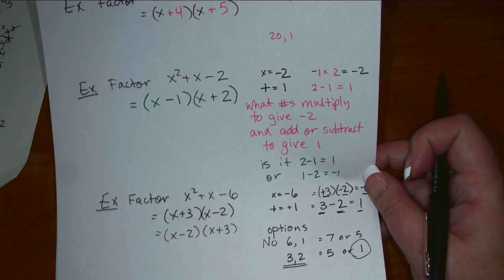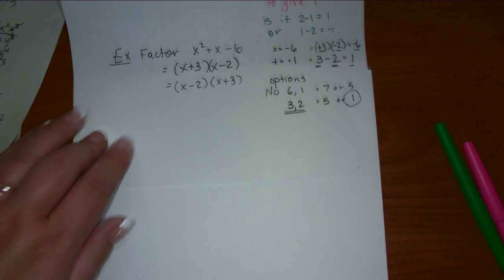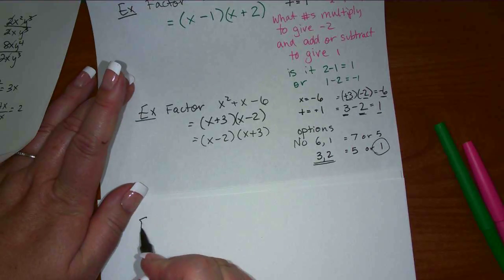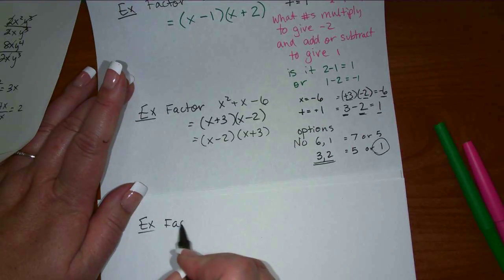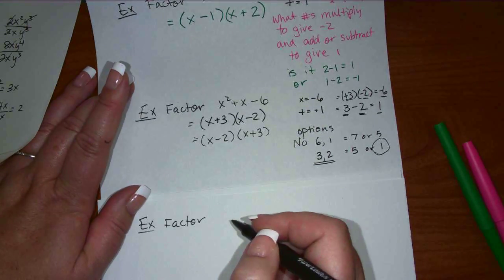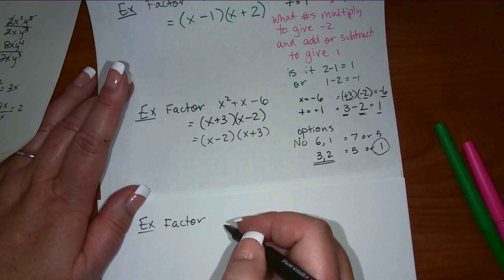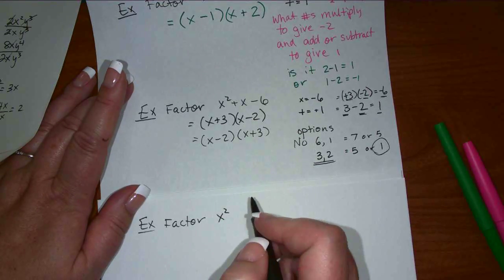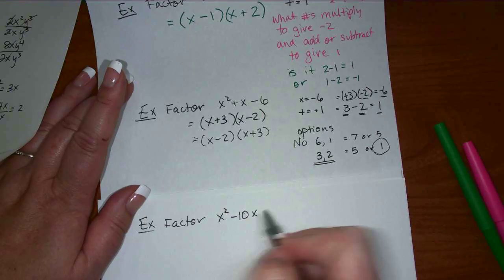I'll do another one. All right, harder. X squared minus 10x plus 24.